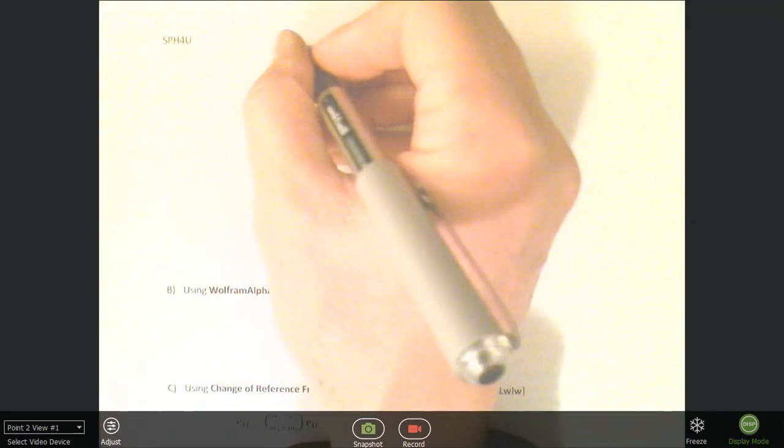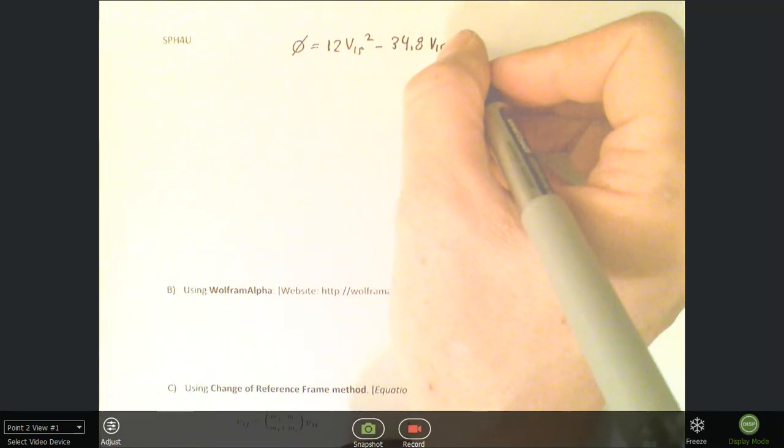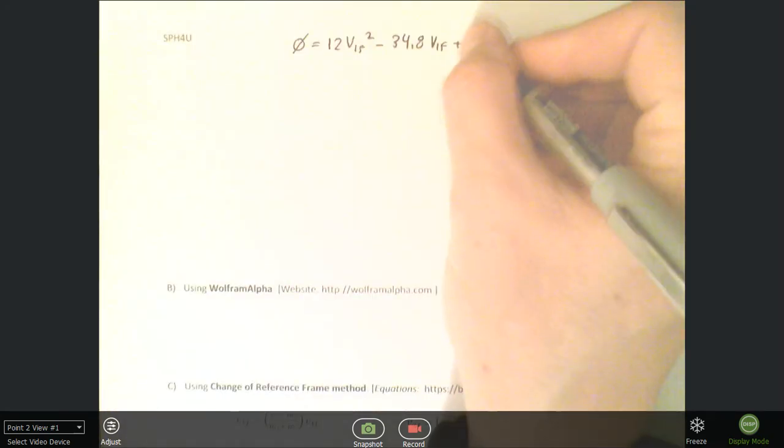Okay, so now I just flip this page over, and we're just going to write out the solution that we have so far. So far we have 0 equals 12 v1f squared minus 34.8 v1f plus, and then the last part that we had from the previous page was 33.64 less 12.04 is 21.6.